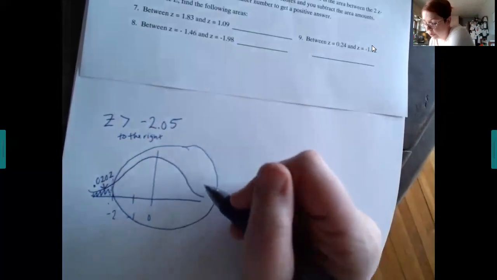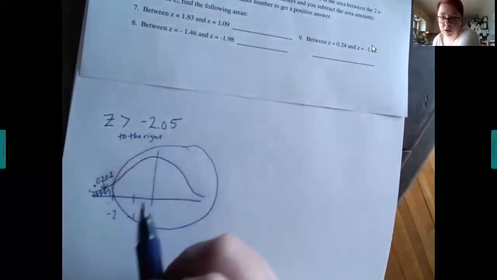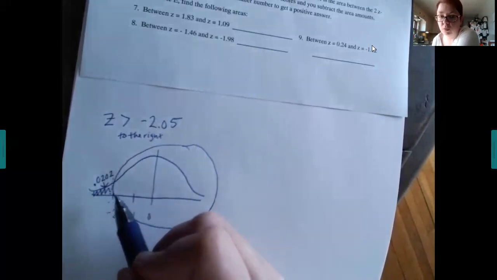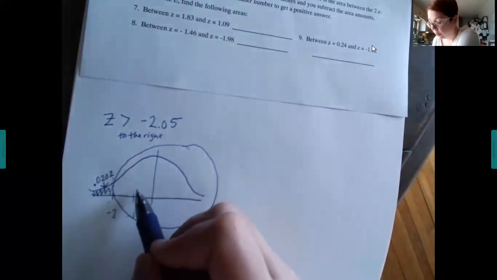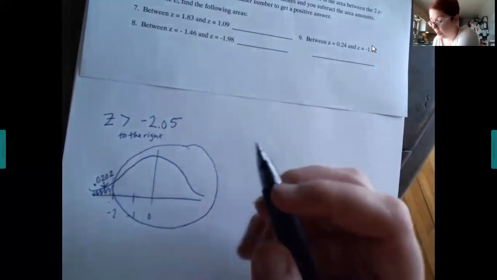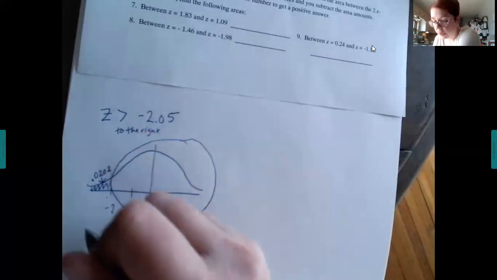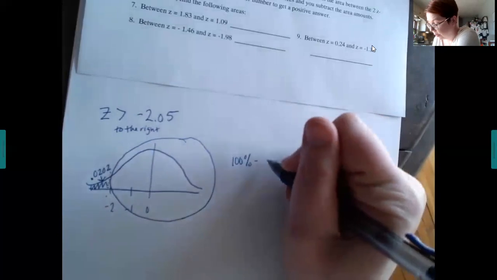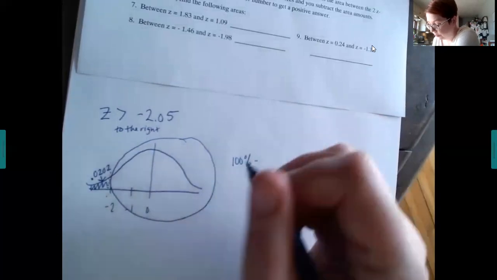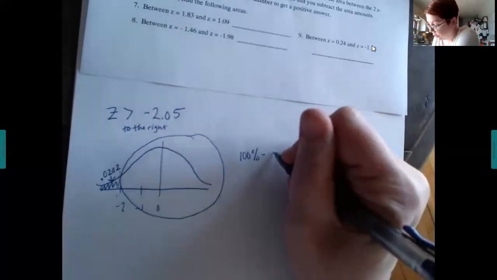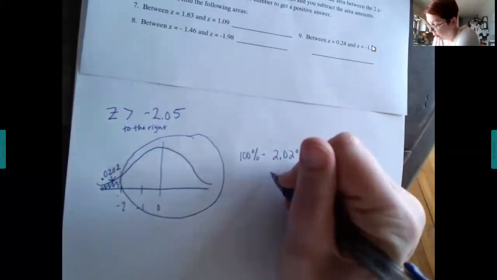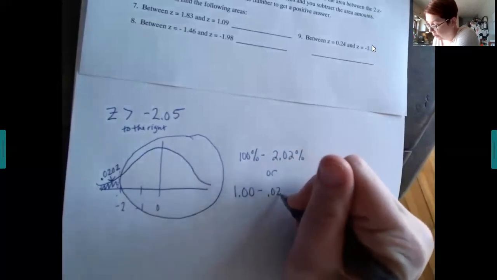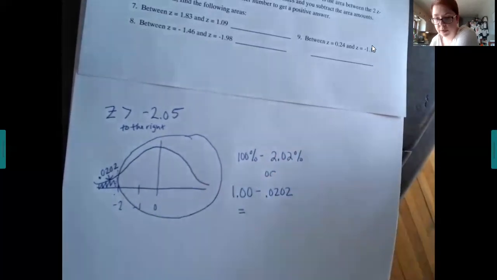So when you subtract, you want to remember you're not subtracting the z-scores. You're always subtracting 100% minus your percent you get here, or in decimal form, 1 minus the number you get from looking it up. So all of this bell curve equals 100%. And we could subtract 2.02%, or the answers will be in decimal form. So kind of easier just to keep it in decimal form.